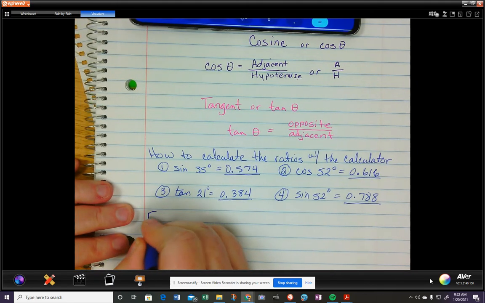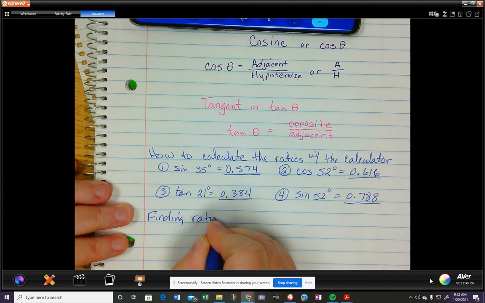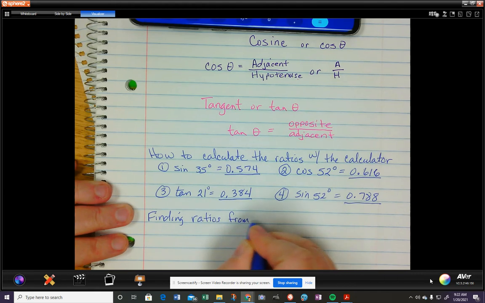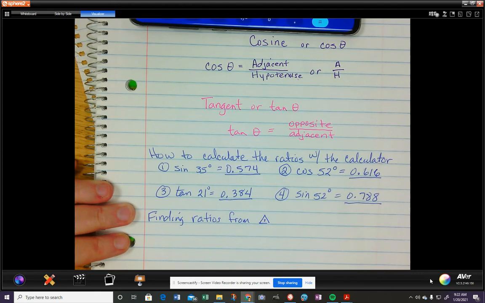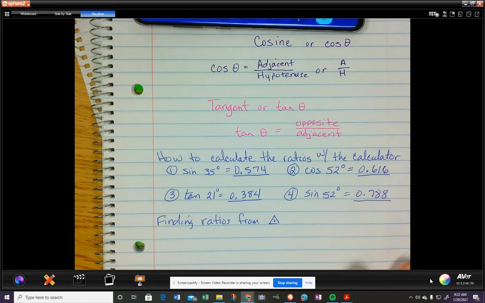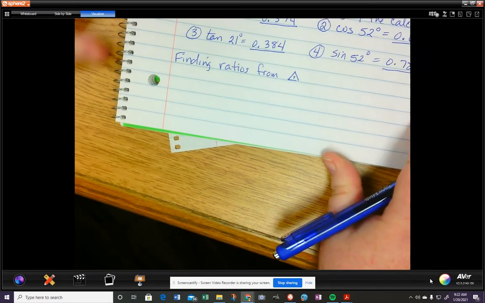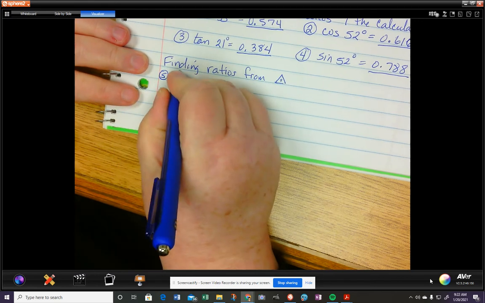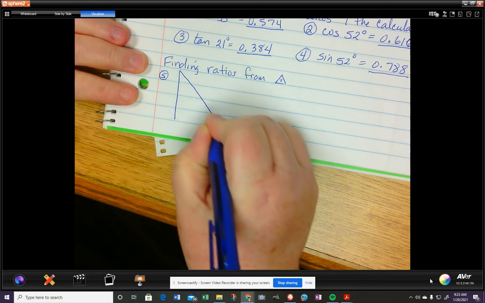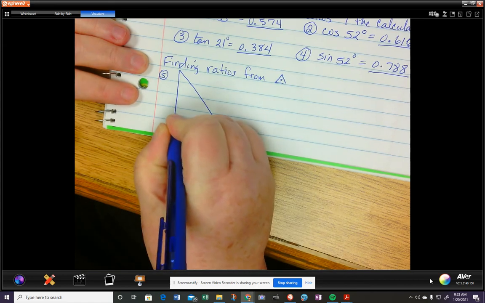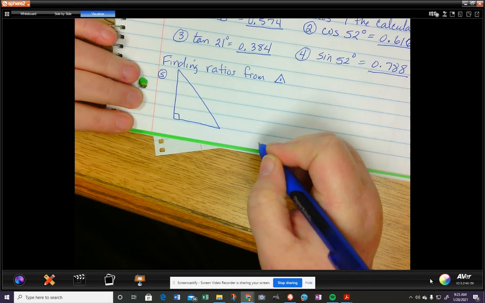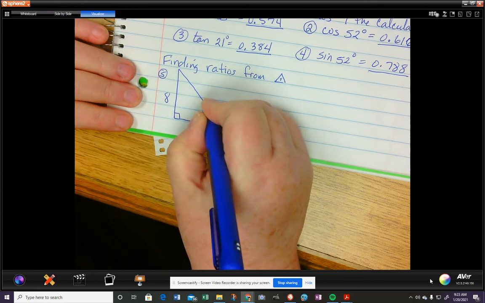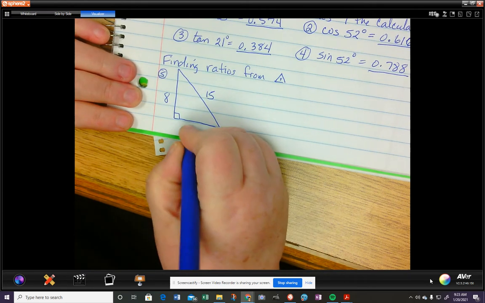So let's find out how to find the ratio from triangles. Okay? Finding ratios from triangles. So number 5. Here's my right triangle. There's my right angle. And I've got 8, 15, and 9.